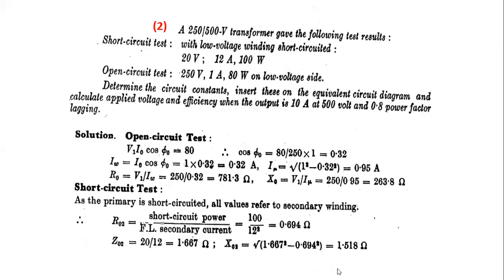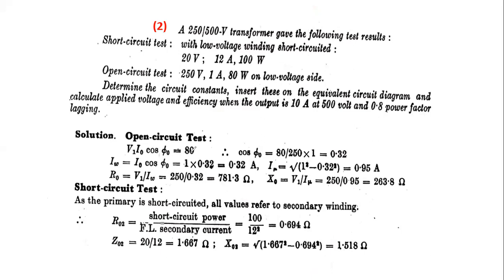First of all, we calculate cos phi naught, and then we calculate the I mu and the IW values. What is the formula for cos phi naught?